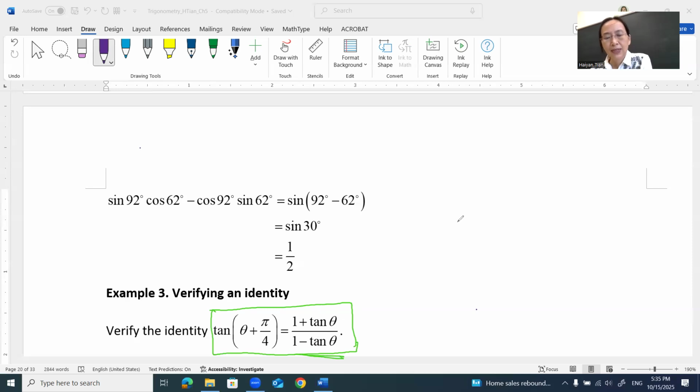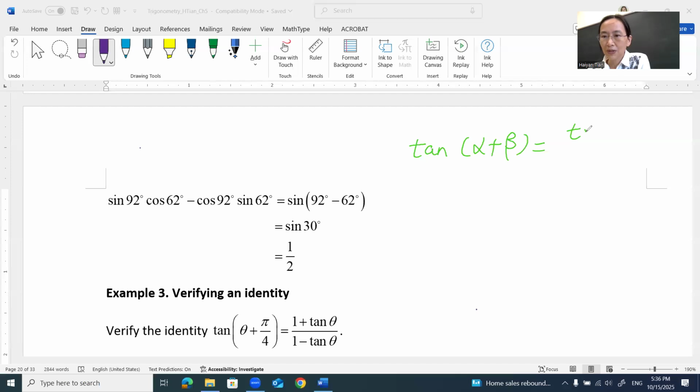How do we verify? We notice this is a sum, right? We just need to apply the sum formula for tangent, because we already know there's such an identity.